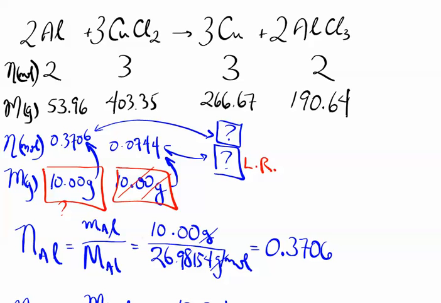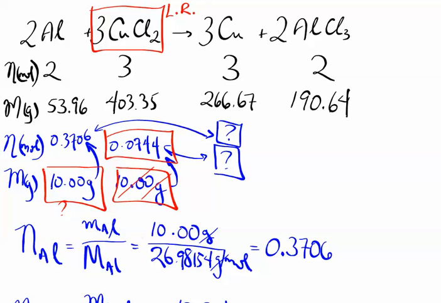So that one's the limiting reactant. This one's going to be excess. So we have to use all of our calculations based on CuCl2. That's the deal. Everyone cool?